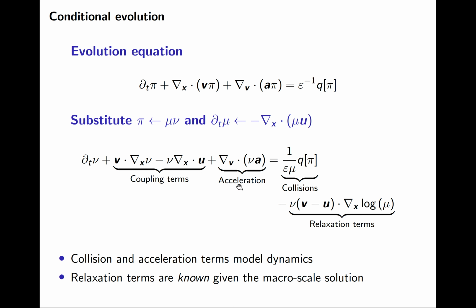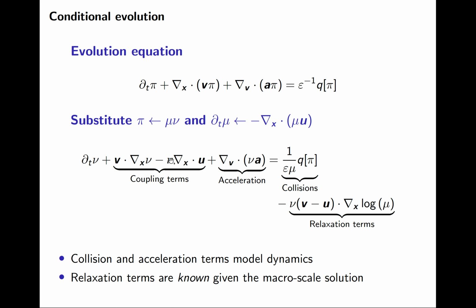So then the next term here is the acceleration term, and this is just an advection around the velocity space. So this prescribed external acceleration is advecting the velocity mass density around the velocity space. And then the final terms here are the coupling terms, and these are the ones that are going to be difficult for us to address. And the reason is that they account for mass coming in or going out of some specific point x due to advection in the spatial coordinate.